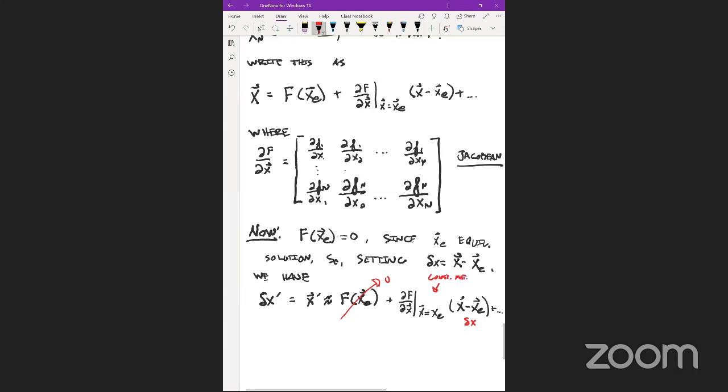And so we are left with the equation delta x prime is approximated by the Jacobian at x_e of delta x. And this is the Jacobian at x_e.